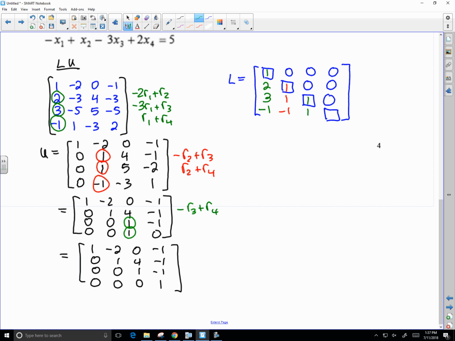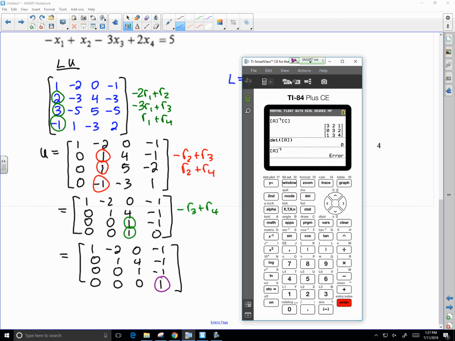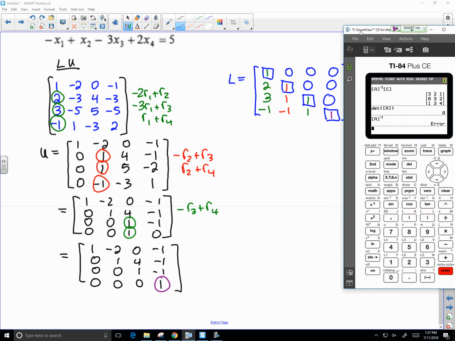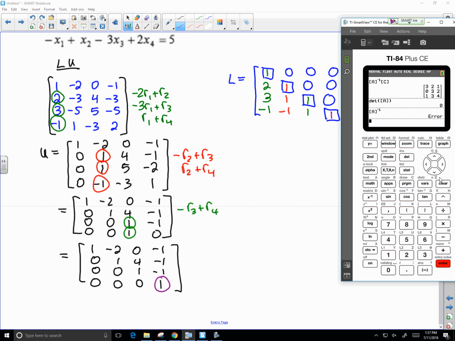And then for the last one, it's already in echelon form, so 1 divided by 1 is 1. All right. So we have our L and we have our U. Ideally, those actually multiply to give us the matrix we started with. So just do a quick checkaroo there.